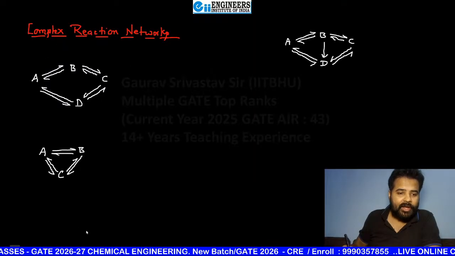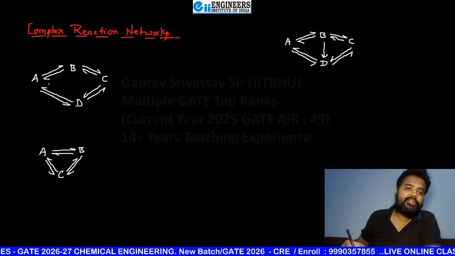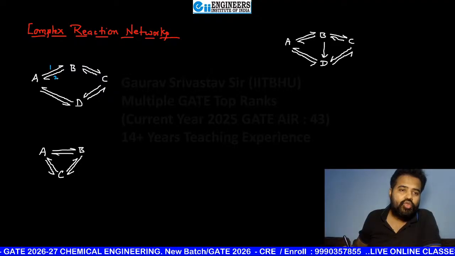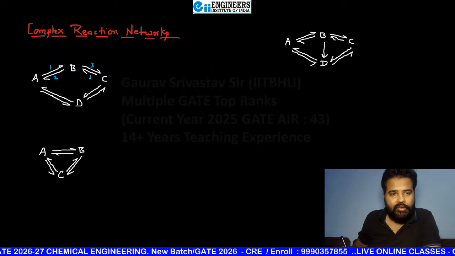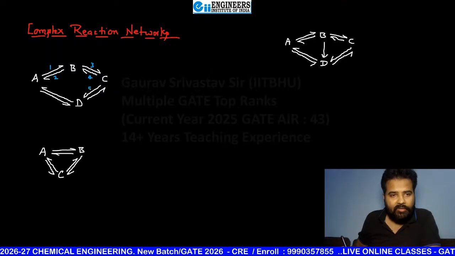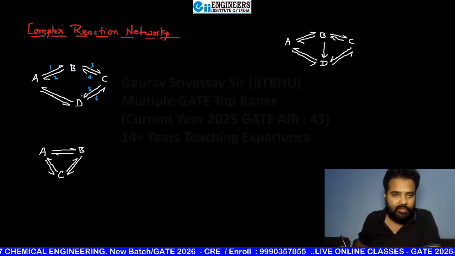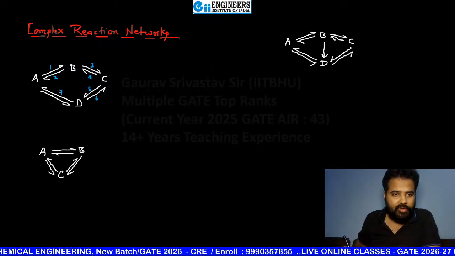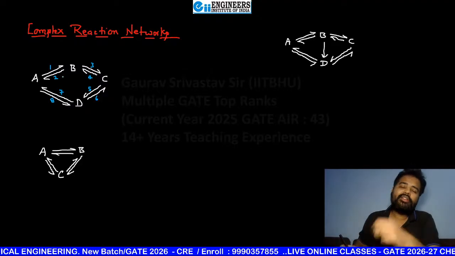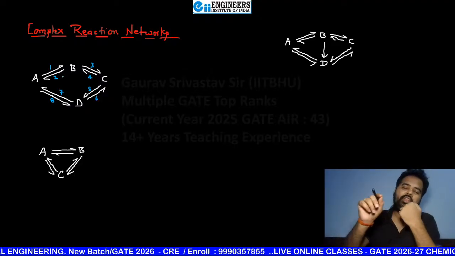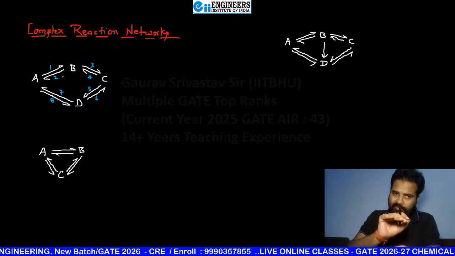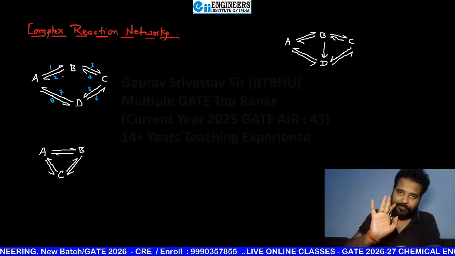Now here respective rate constants, suppose 1, 2, 3, 4, 5, 6, 7, 8. These are specifically K1, K2, K3, K4, K5, K6, K7, K8. These are not magnitudes this time.